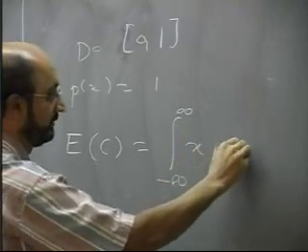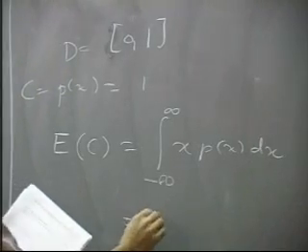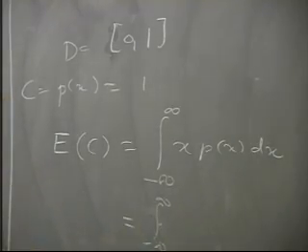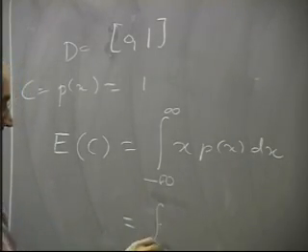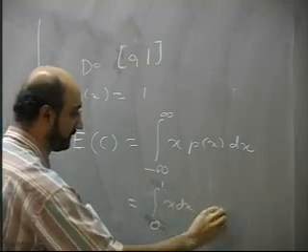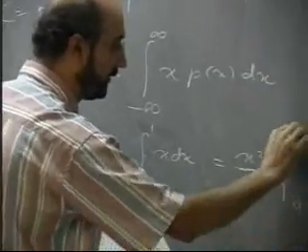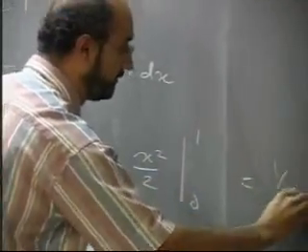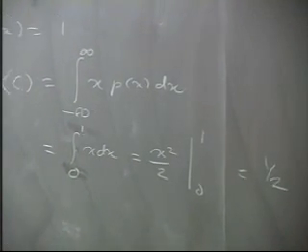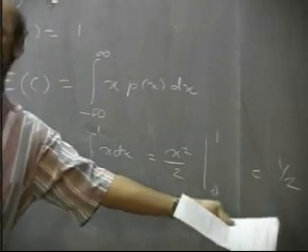Since p(x) is 1, and it's not defined outside the range, it's the integral from 0 to 1 of x dx, which is x squared by 2 from 0 to 1, which is half. That's just simple math. So the expected value of a uniform distribution is its midpoint, half.